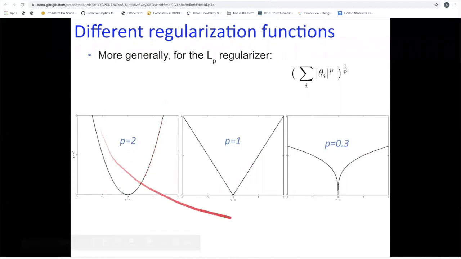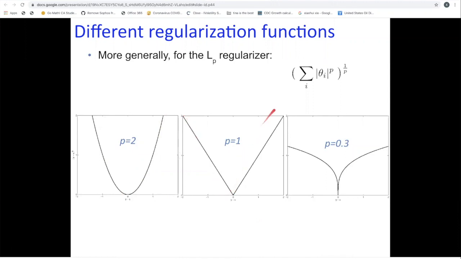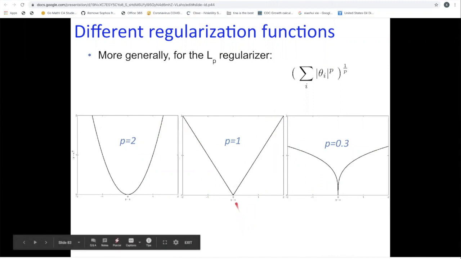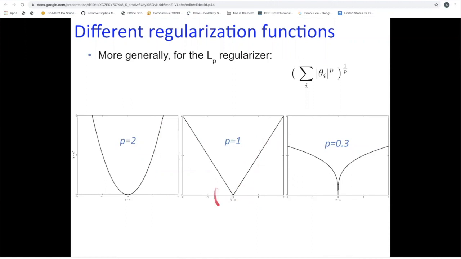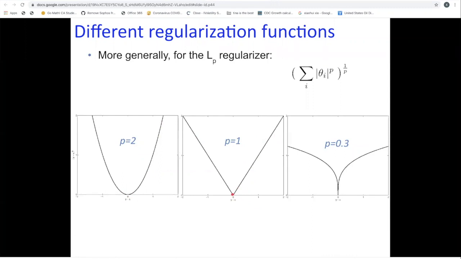This is when p equal to 1, which is simply the absolute value of theta here, and this is the other form. You can see they have slightly different forms. This one here is actually problematic because this function is not smooth, not differentiable at the origin. The Euclidean norm here is differentiable, which is very nice, but this one is not differentiable here. And in fact, that can cause some issues.